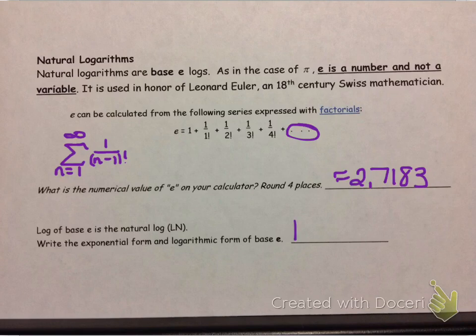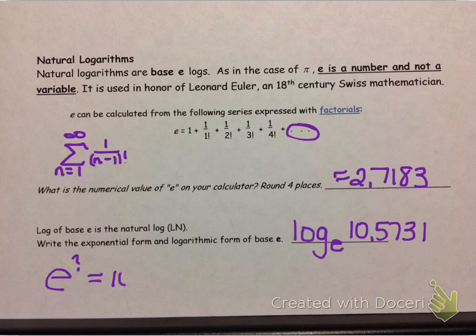And when we have a log with a base of E, sometimes it'll have a power of E inside of it. Most of the time it'll just have some random abstract number like 10.573. I'm just making up a number. So what this is asking you is, E to what power is that number? And it would require a calculator.